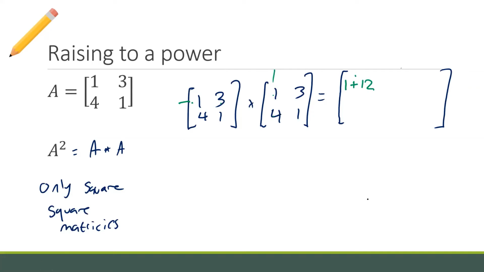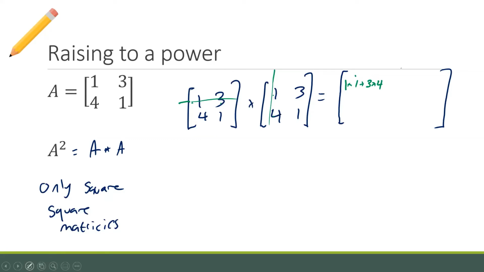1 plus 12. Okay, I could have done this, but you know what? Let's do it properly. 1 times 1 plus 3 times 4. That means that I'm doing this by this.